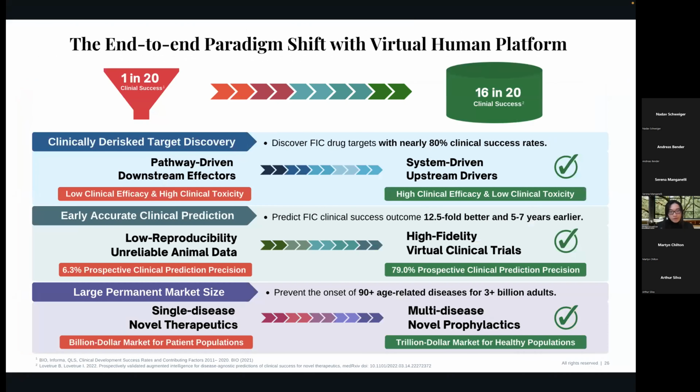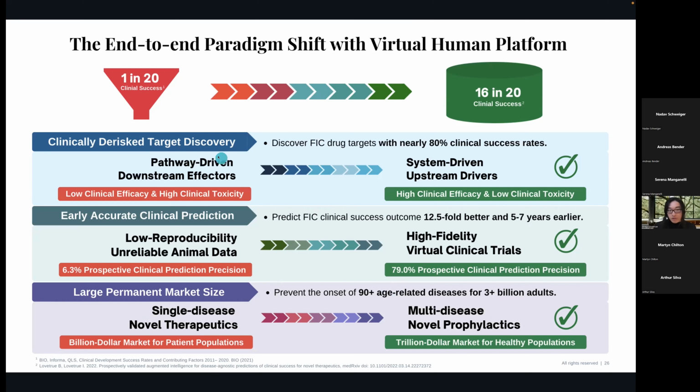So thus we have completed a multi-dimensional and the most rigorous prospective validation of the whole platform. Currently our platform enables, very early at the target stage, a highly accurate prediction, with about 79% probability of being right, on whether a novel medicine could achieve good clinical efficacy and a good clinical toxicity profile, even for first-in-class drugs in any indication.